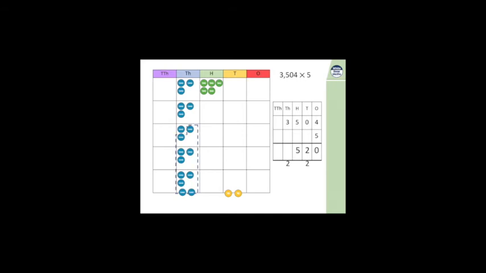Finally, 5 times 3 is 15, plus the 2 is 17. We're going to exchange again. Groups of 10 thousands can be exchanged for 1 10,000.